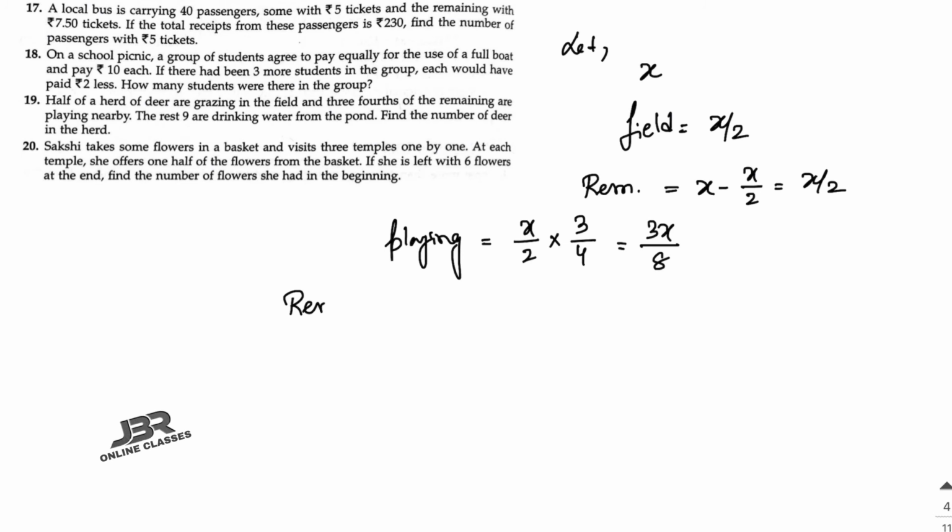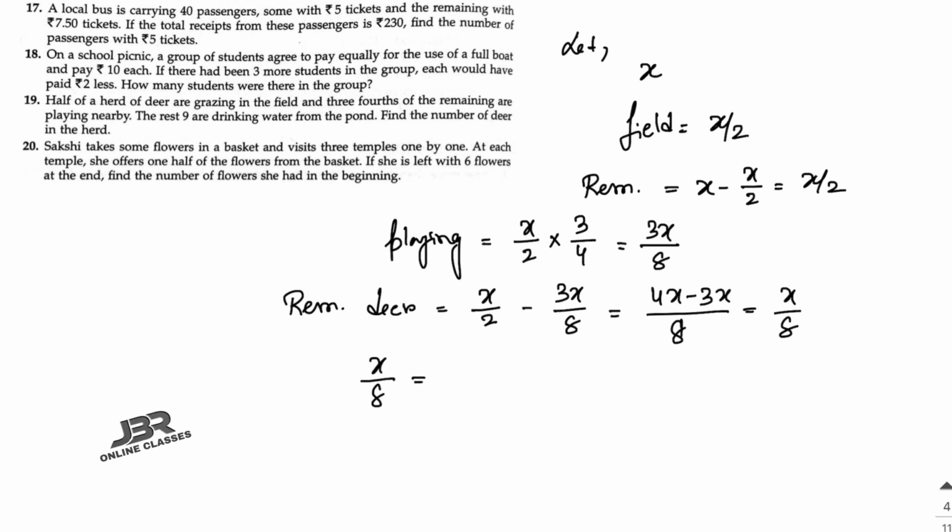So the number of remaining deer equals x by 2 minus 3x by 8. Taking 8 as LCM, 4x minus 3x equals x by 8. According to the problem, x by 8 equals 9, so x equals 72. That means the total number of deer in the herd is 72 as your final answer.